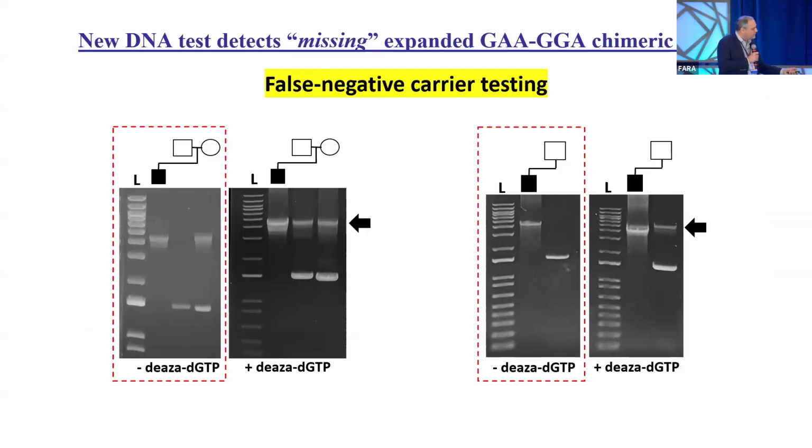But when you do our new test, now Dad looks like a carrier. So this means that relatives of people who have these chimeric alleles, some of them are being told that they are not carriers when they actually are carriers. So that's another reason why we care about these chimeric alleles, is that a better test is needed for carrier detection, so we are not missing some of the carriers.